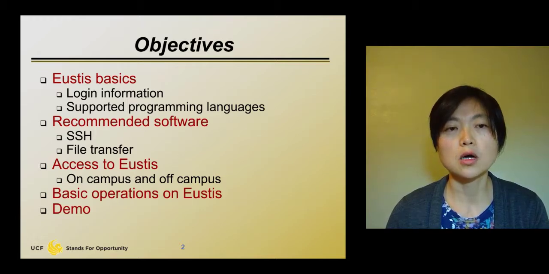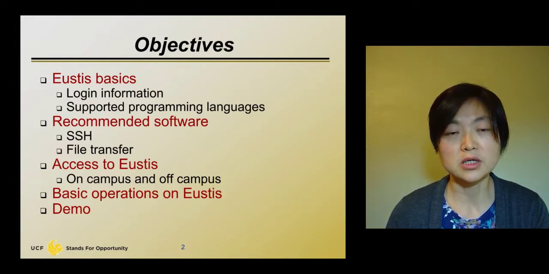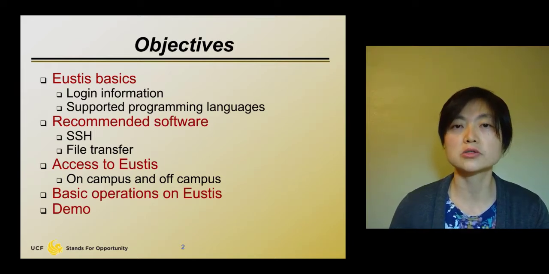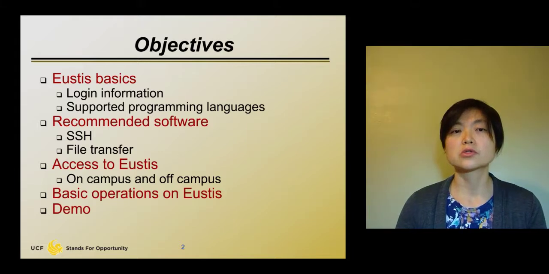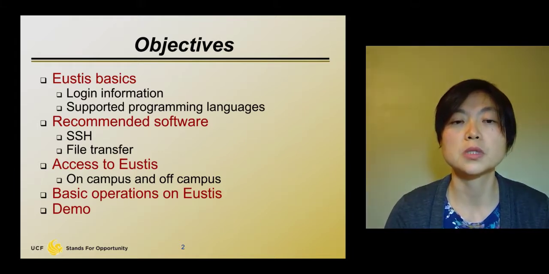When you connect to Eustis, SSH is a must have to connect to Eustis. So you cannot use telnet, because everything on telnet is transmitted in plain text. So for security reasons, telnet is not allowed to connect to Eustis.